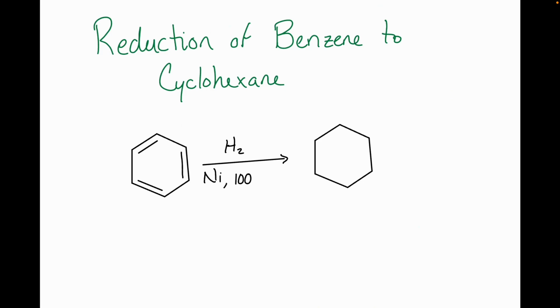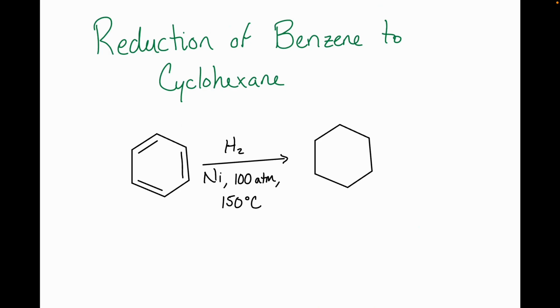A pressure of 100 atm, so 100 times the pressure of the current atmosphere, the room that we're in, right? You've got to really crank up the pressure, and the temperature gets cranked up to 150 degrees Celsius. So very similar to what we saw before, but just more extreme conditions to get that benzene ring to actually reduce.